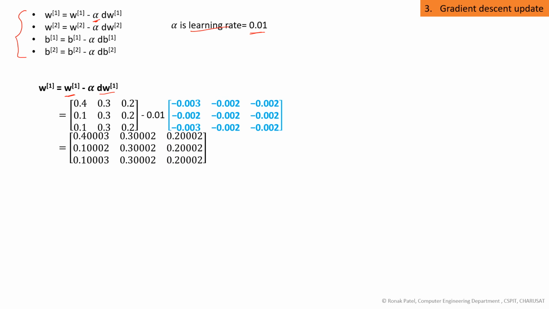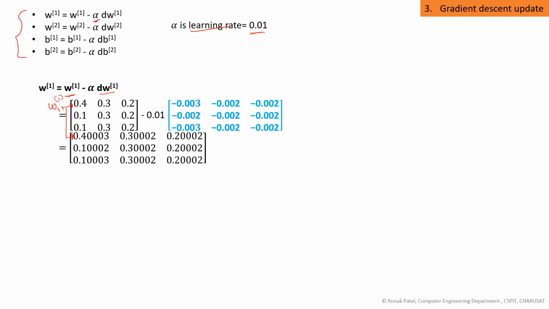After performing this training, what you can observe here is W1 1 1, this value, is now updated to 0.40003.